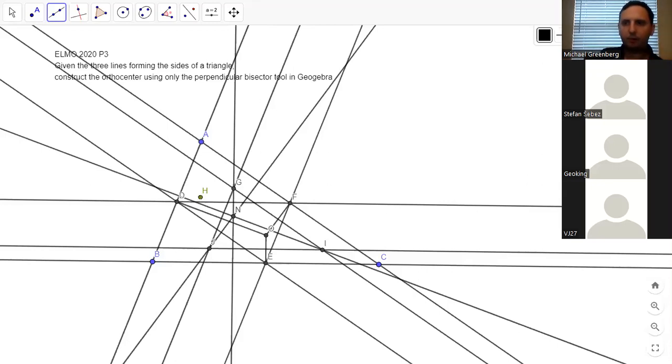So what if I draw the 9-point centers of ADF?